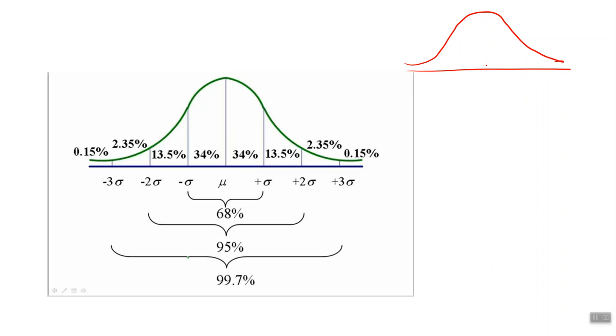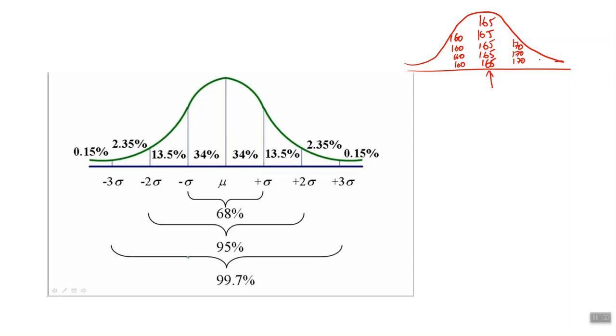In class, we said that the height of female students might be 165 on average as the mean value, so the most common. Now, the further away I move from this value, the less common it becomes. So 170 might be over here, and 160 might be over here.